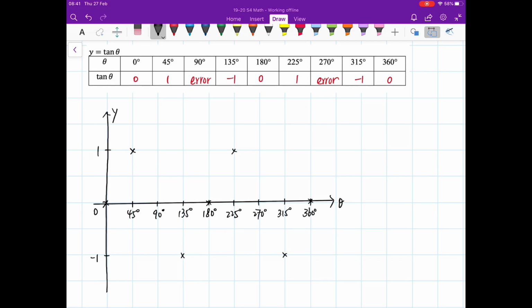For 90 degree and 270 degree, it is error, so I will put a dotted line here. Similarly for 270 degree. So how should the graph be joined? It should be in this way.